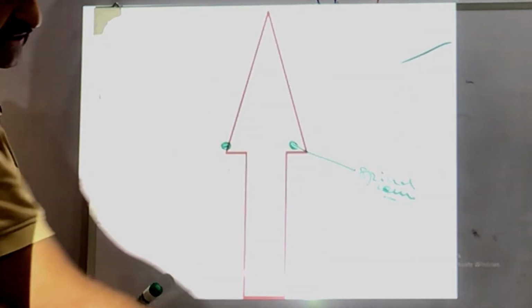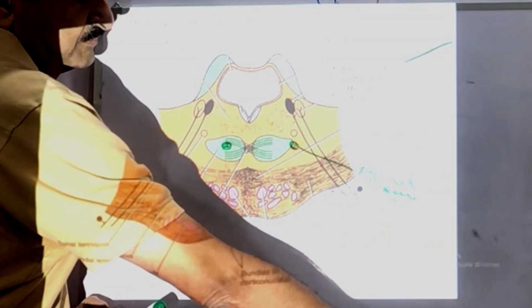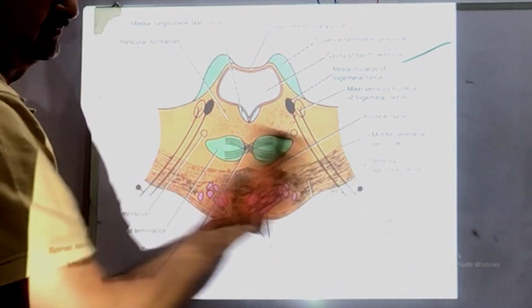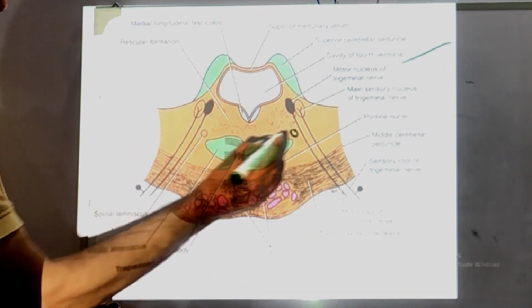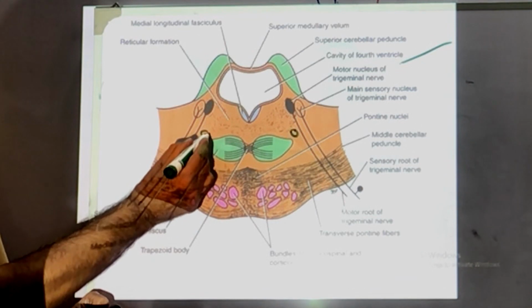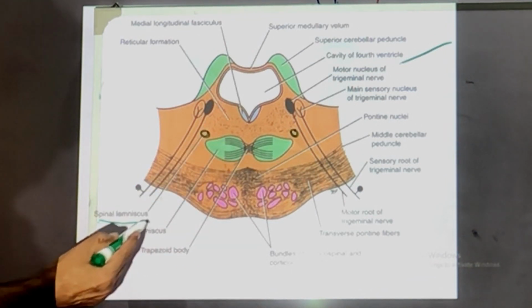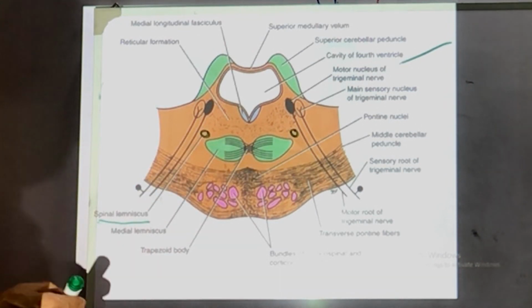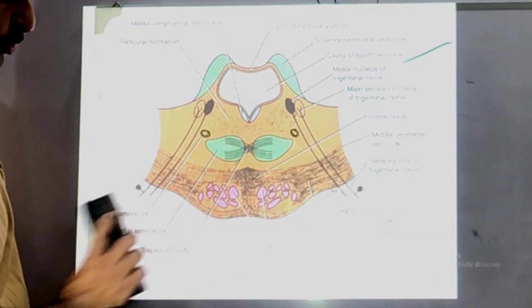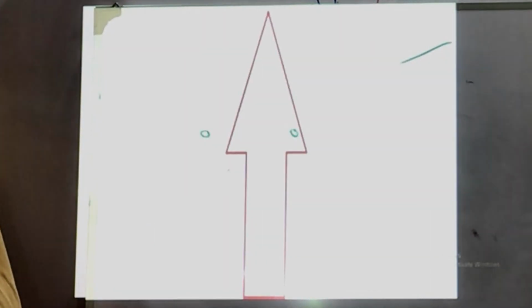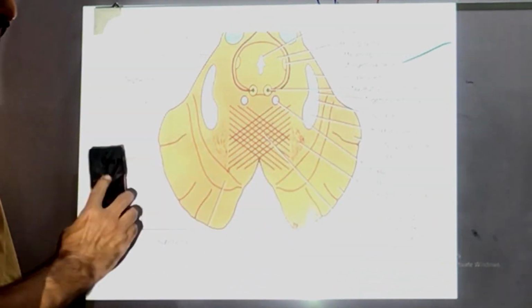Okay, bring it next. No problem here. Why? Because it has already been given here. Spinal lemniscus. Okay, bring it more. Where?